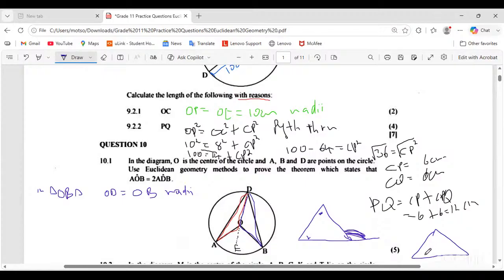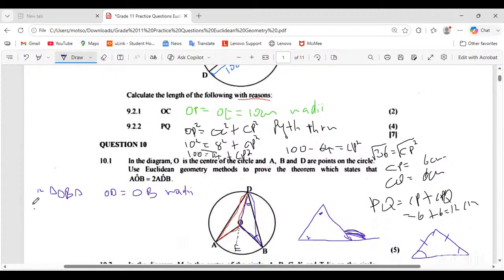What is an isosceles triangle? An isosceles triangle is a triangle that has two equal sides and two equal angles. So once a triangle has two equal sides, these angles will also automatically be equal. So since in the blue triangle we have OD equal to OB, automatically this angle here will be equal to this angle here, right?